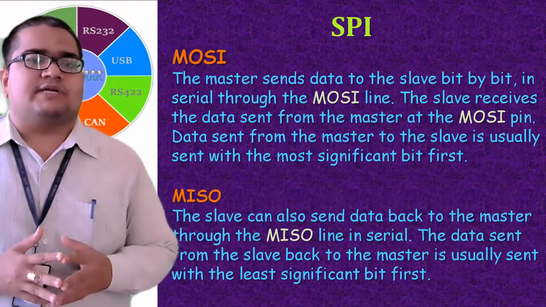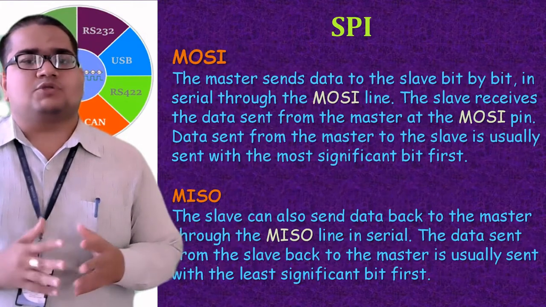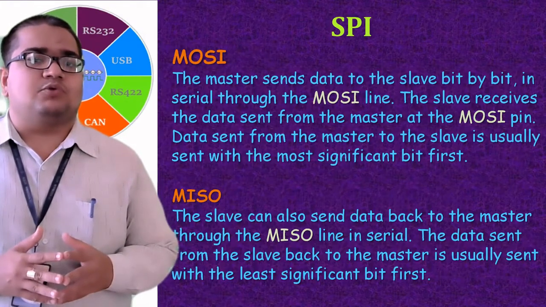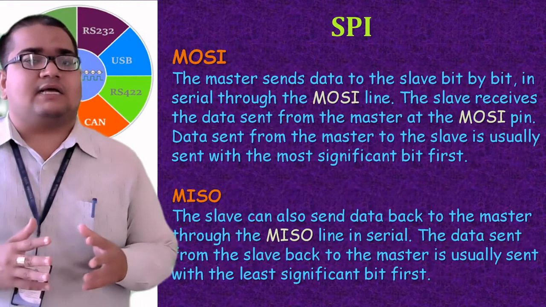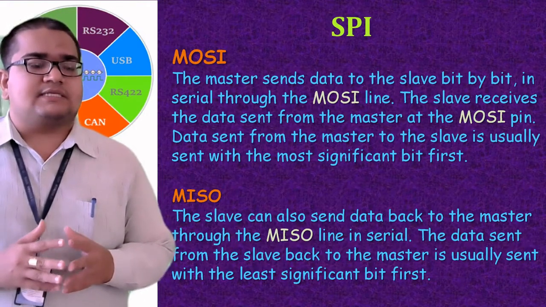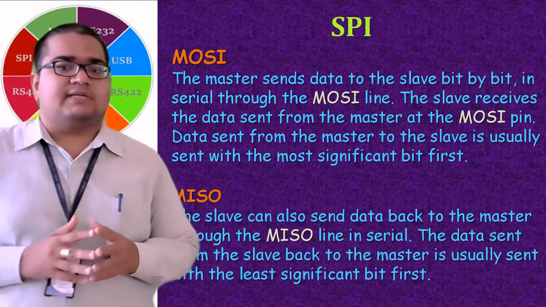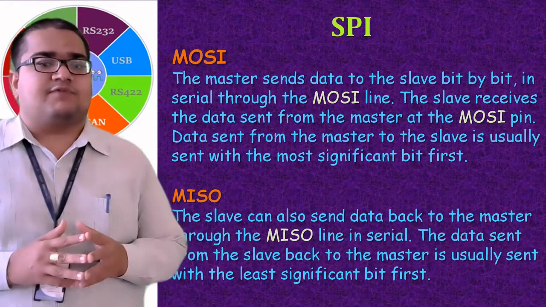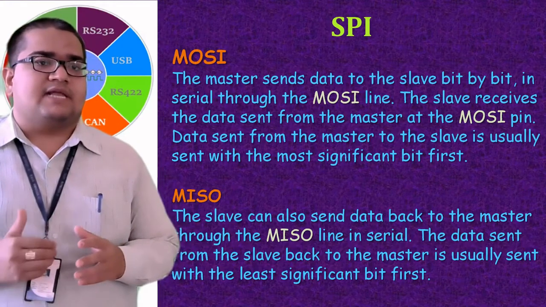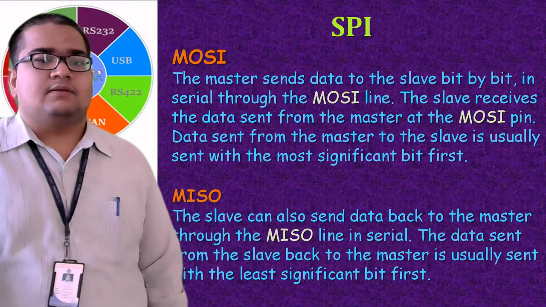The slave can also send, I am talking now about the MISO, the data back to the master through the MISO line serially. The data sent from the slave back to the master is usually sent with the least significant bit first. So this particular thing, you have to always remember, which bit is sent first when it is communicated from the slave side. The LSB bits are communicated first.